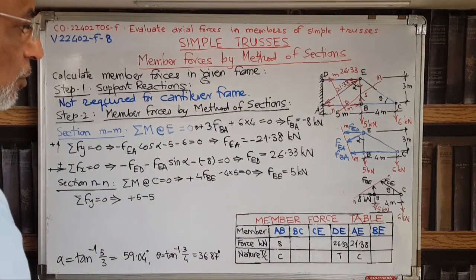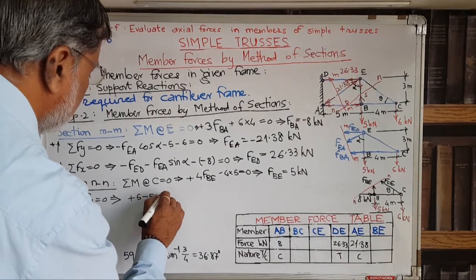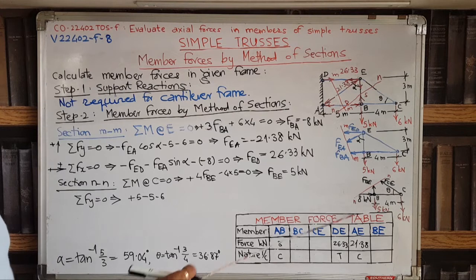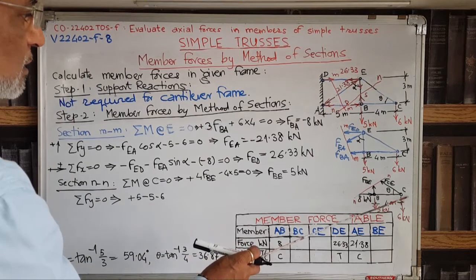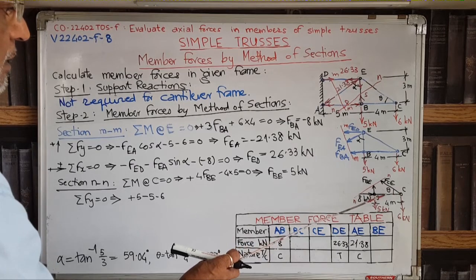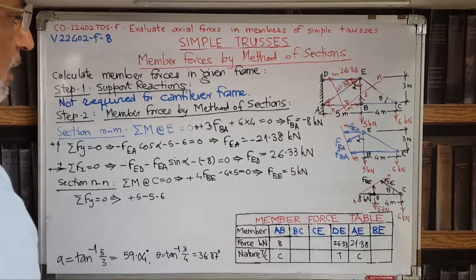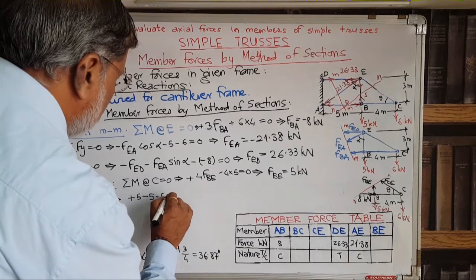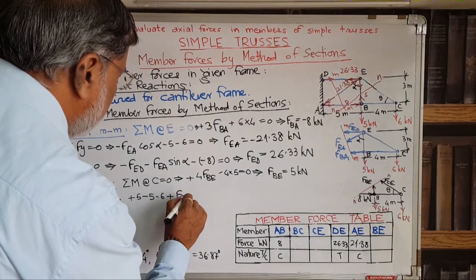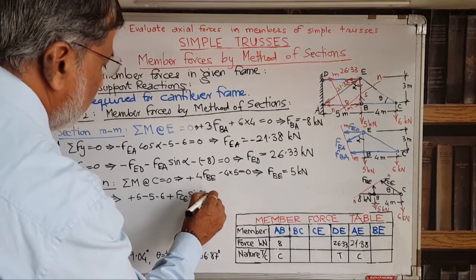Then this 6 kilonewton force which is downwards, so it is minus 6. 8 kilonewton in the next direction, no y component, and FCE is inclined at an angle theta. So it is FCE sin theta, and it is upwards. So plus FCE sin theta equal to 0.